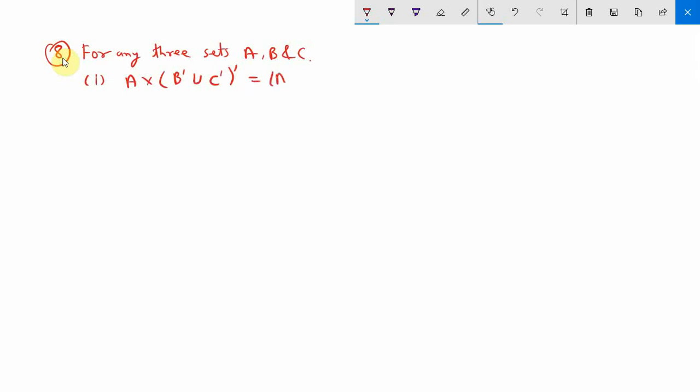So, next theorem, 8. For any three sets A, B, and C: first one is A × (B' ∪ C')' is equal to (A × B) ∩ (A × C).